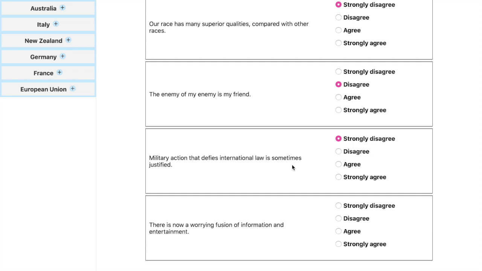"There is now a worrying fusion of information and entertainment." Oh yeah, absolutely. Hell, even as I'm feeding into that, because this is me trying to provide entertainment with the information that I offer. It's gotten really bad on a larger level. At least I can sleep easy knowing that my information is accurate, and hopefully the entertainment value brings you in and makes it nice to listen to, nice to consume. But there's a lot of places where the information could be right or wrong.